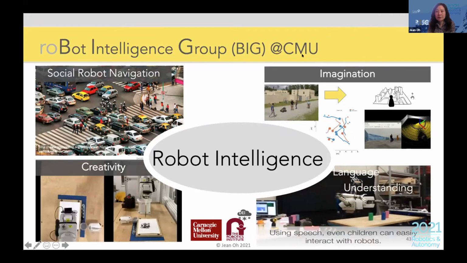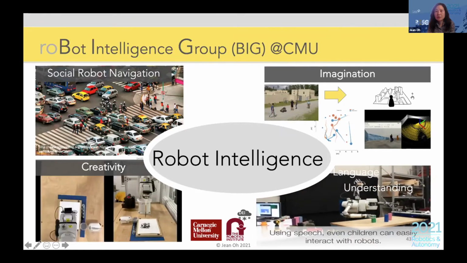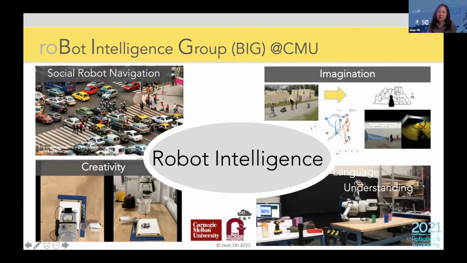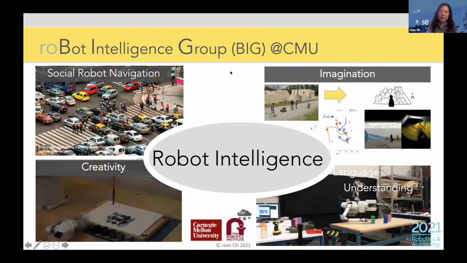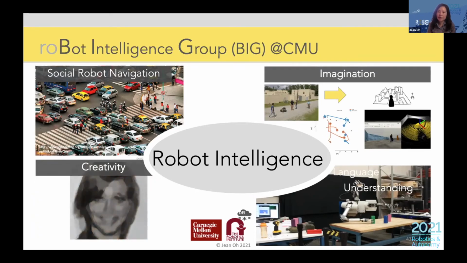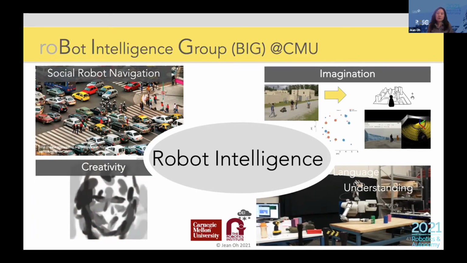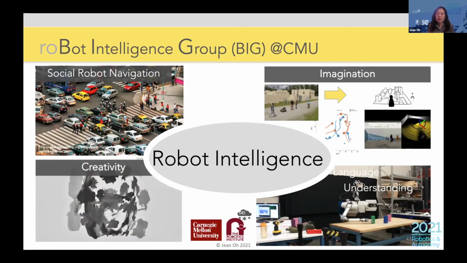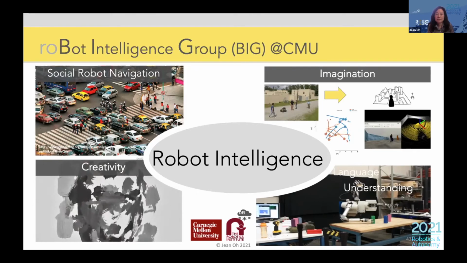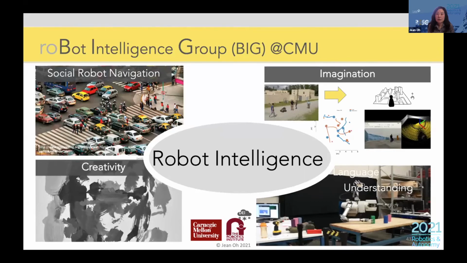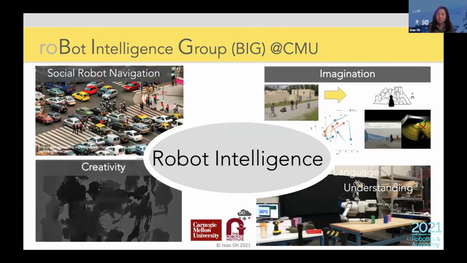So as I mentioned briefly, we want to use simulations for social navigation and also other things. The idea here is the simulation can be very, very useful if we can do it in an online fashion. So if we send the robot to a new environment and let the robot watch how people move around for maybe 5 minutes, and then the robot can learn quickly, that would be super useful.